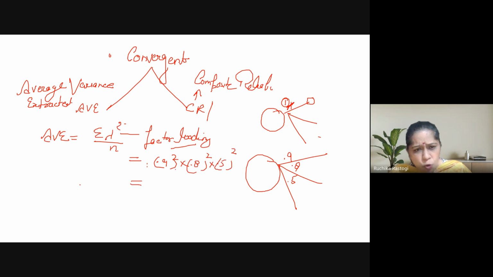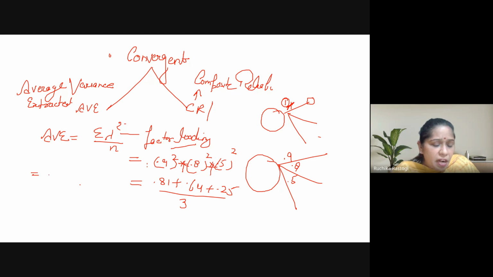That means 0.81 plus 0.64 plus 0.25, divided by how many questions were there? 3. So the value that comes here is 0.56. The threshold value of AVE should always be more than 0.5.